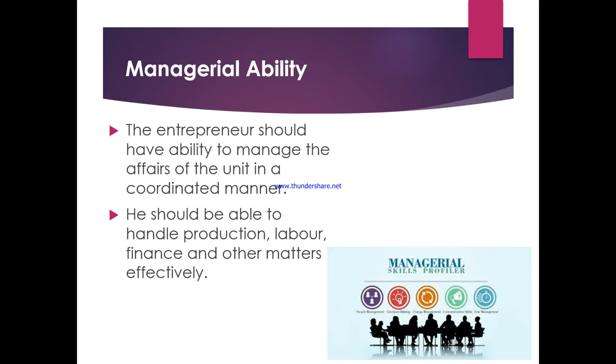The entrepreneur of the business should have the ability to manage the affairs of the unit in a coordinated manner. He should be capable of handling production, labor, finance, and other matters effectively. So the bank has to make sure of all these things. Then only the bank can make sure that the money can get back to them with interest.